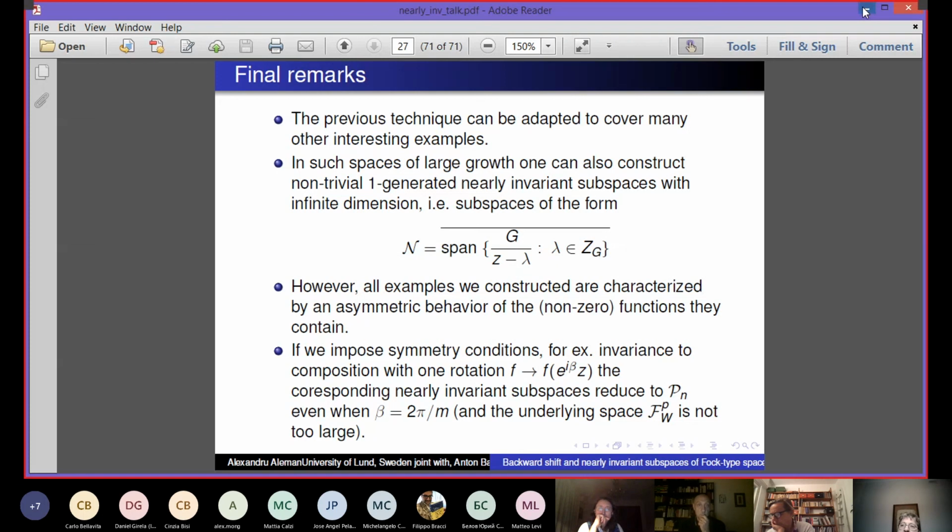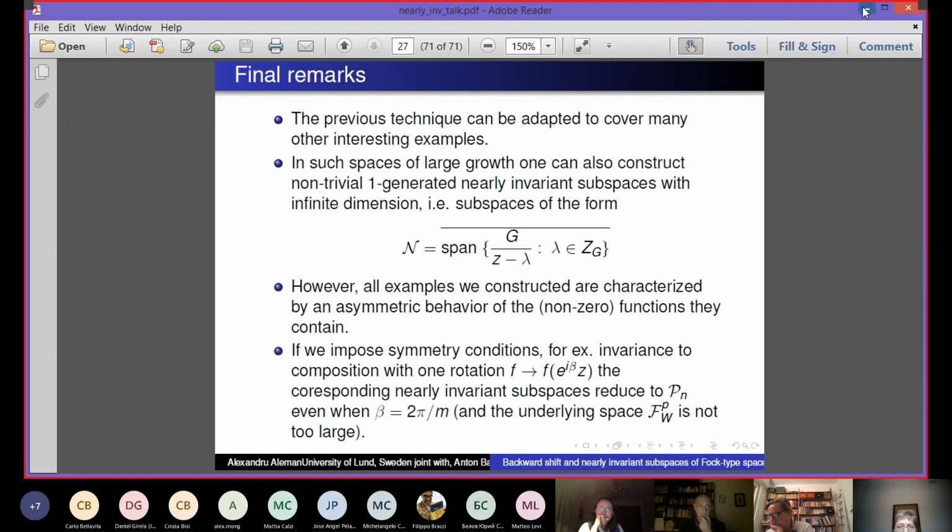But in that last thing we have a condition. Let's say the weight was e to the minus mod z, so we wanted these functions to be of type 0 with respect to this order. So maybe there is something.